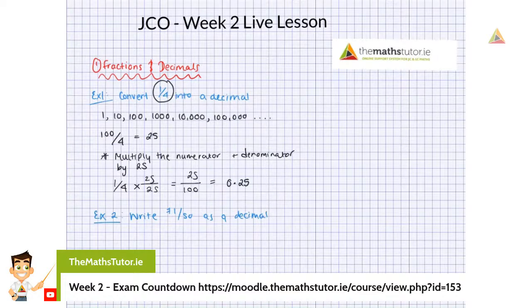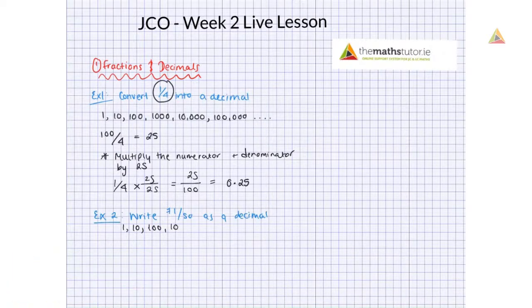Write out the powers of 10, so 1, 10, 100, 1,000, 10,000, and 100,000. Okay, same idea. We're going to see which one of these does 50 divide into. So does 50 go into 1? No, it doesn't. Does 50 go into 10? No, it doesn't. Does 50 go into 100? Yes, it does.